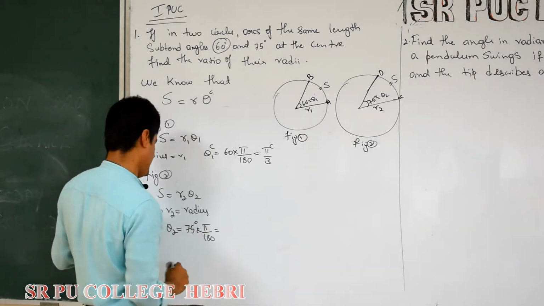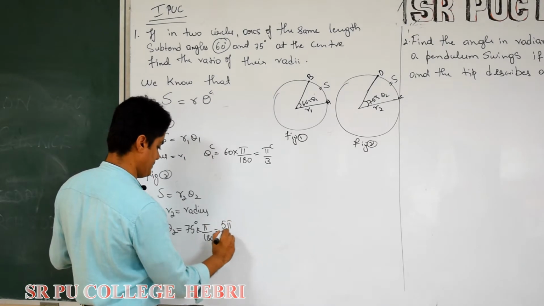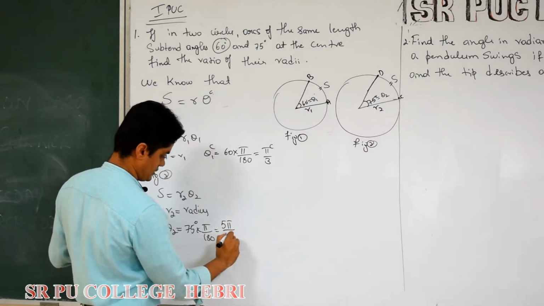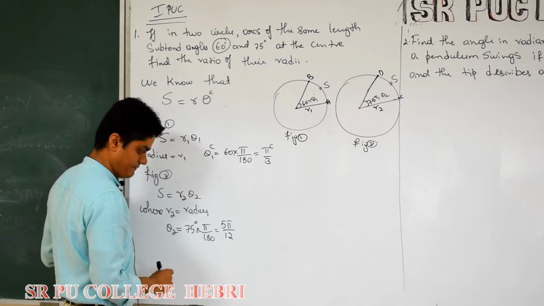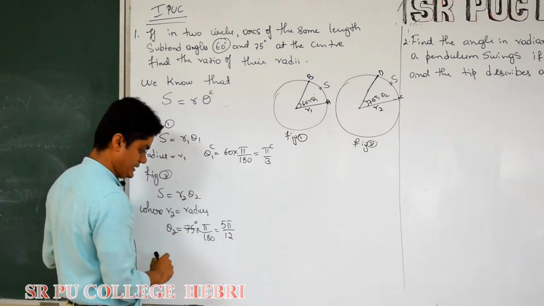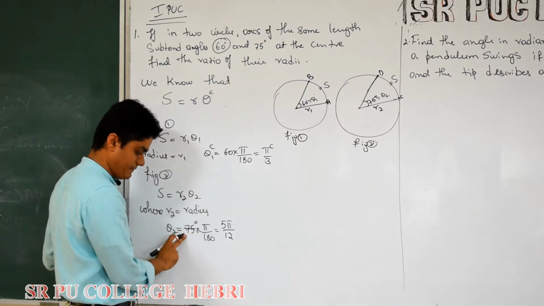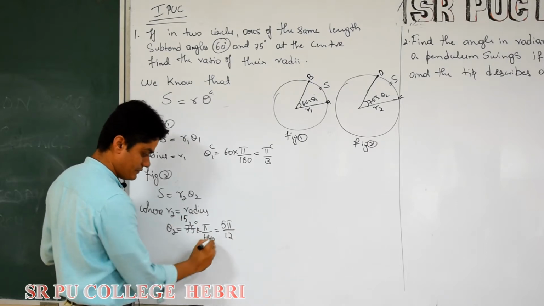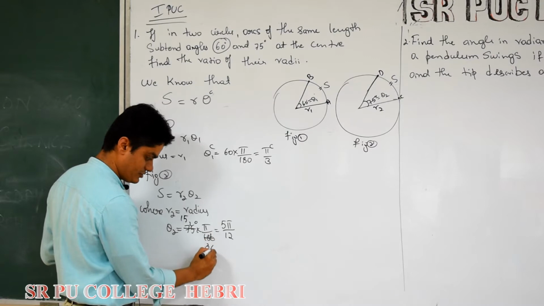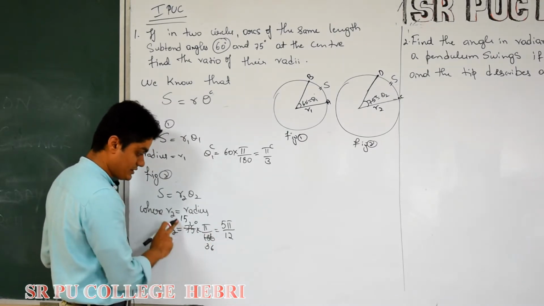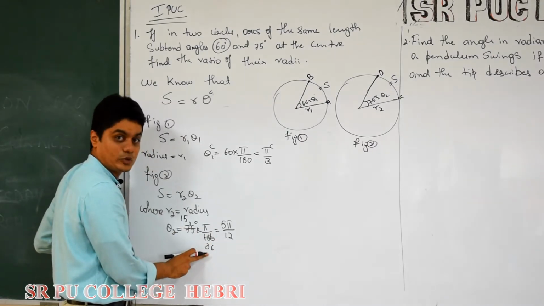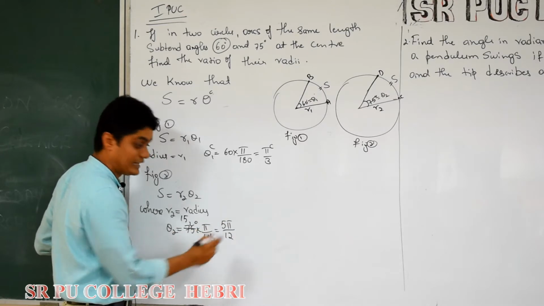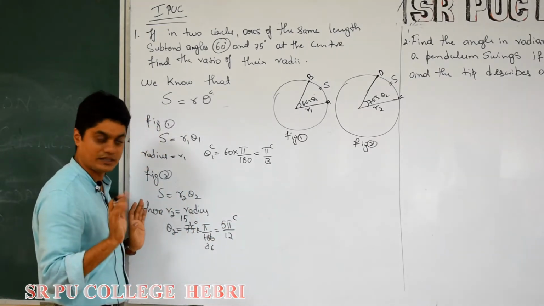So it is 5 pi by 12. See, if I start to cancel: 5 ones are 5, 2 remaining, 15 times 5 threes are 15, 6, correct? Next 3 fives are 15, 12 times, so 5 pi by 12 radian. You understood this, right? Very good.